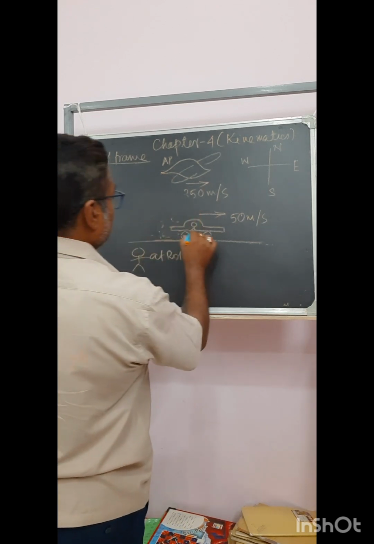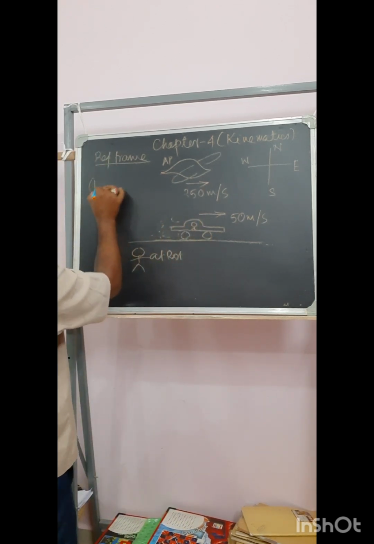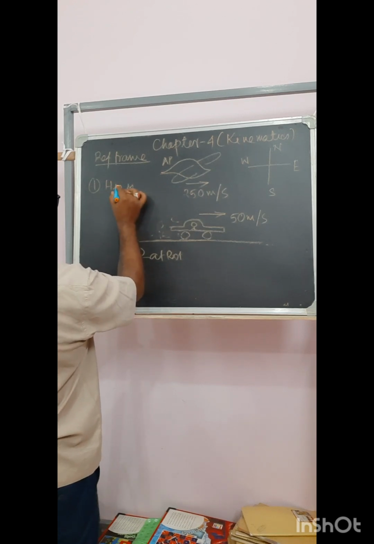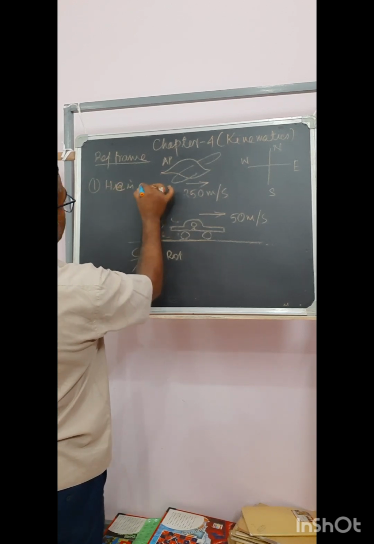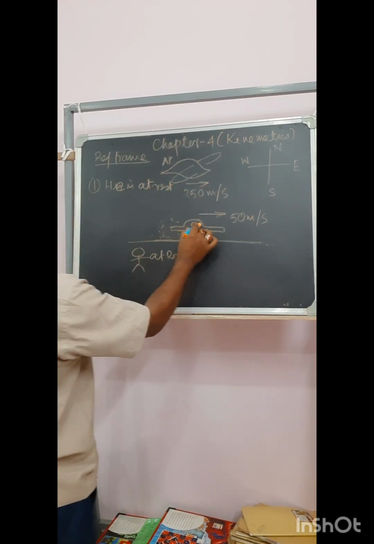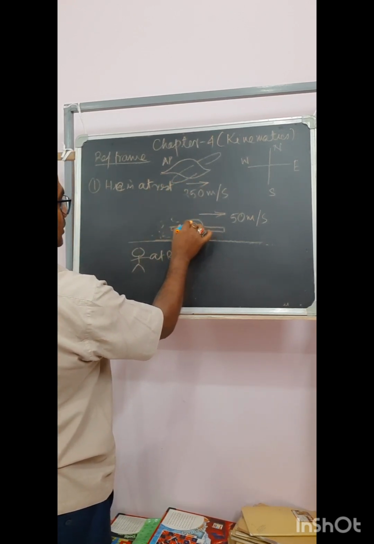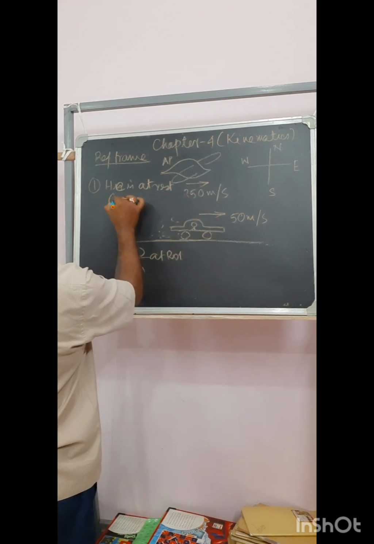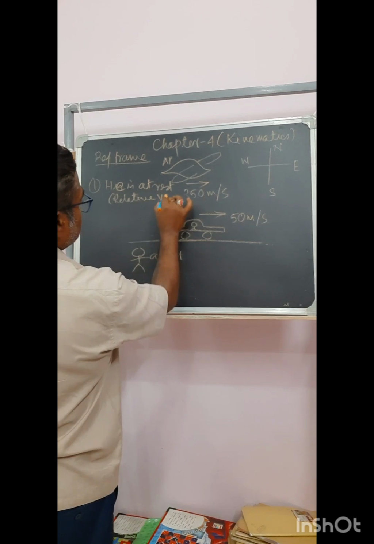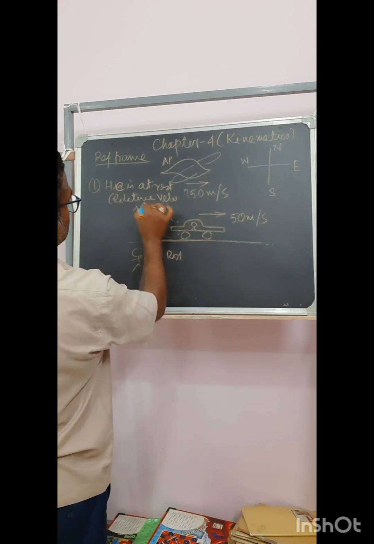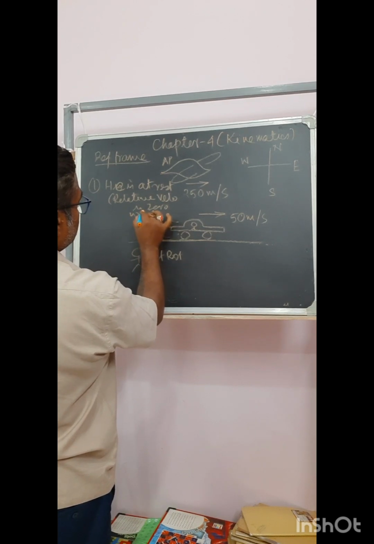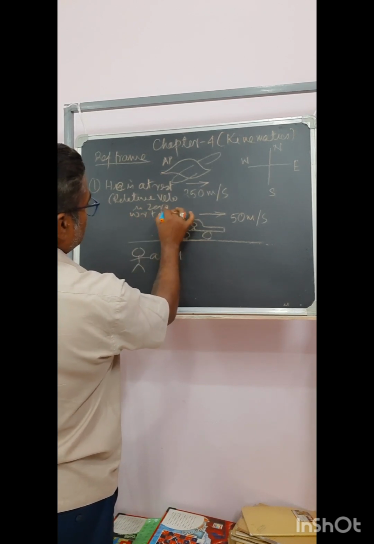Now what will he see, the car person? He is at rest. Why? Because the relative velocity of the car to himself is 0.